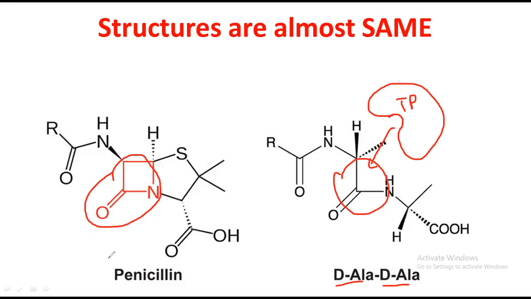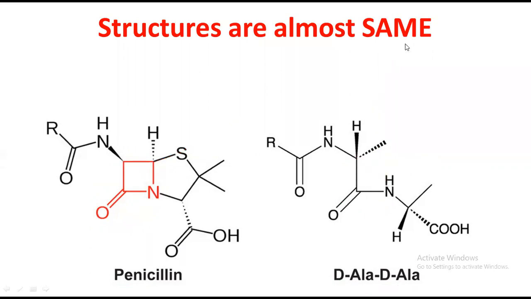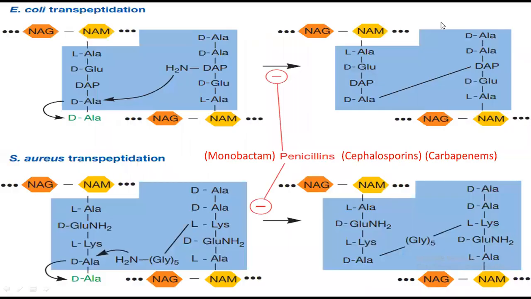If we introduce penicillin, penicillin also has a structure similar to this D-alanine. It has a high affinity to bind to this enzyme, and by binding to this enzyme, the enzyme cannot bind to this, and it could not perform the transpeptidation reaction. So this is the real mechanism of it.